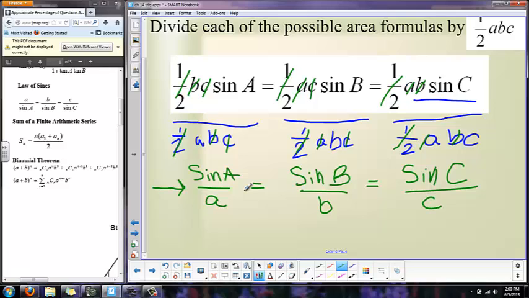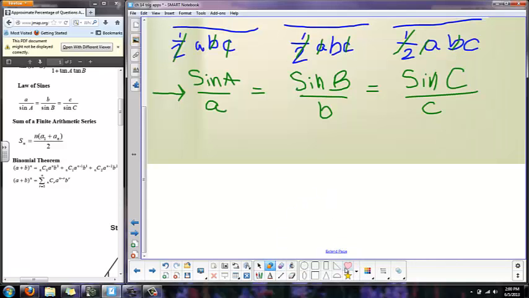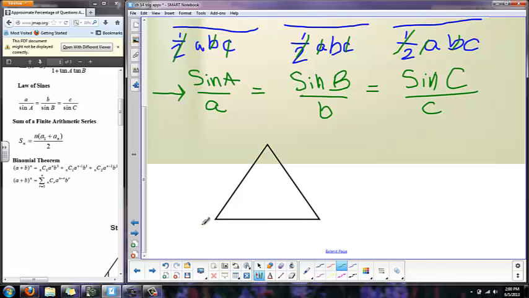All that we're saying is that there's this really cool, unique proportion that exists within triangles. So if I draw a triangle for you, law of sines is saying that this is angle A, this is angle B, this is angle C. Law of sines is saying if I take the sine of this angle and divide it by that side length, you're going to get some decimal.